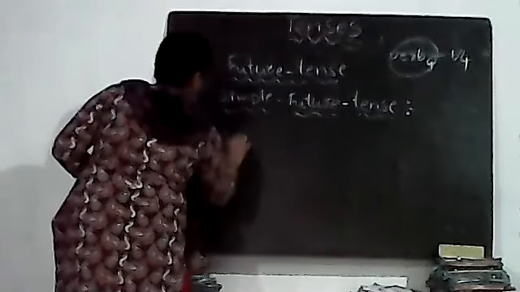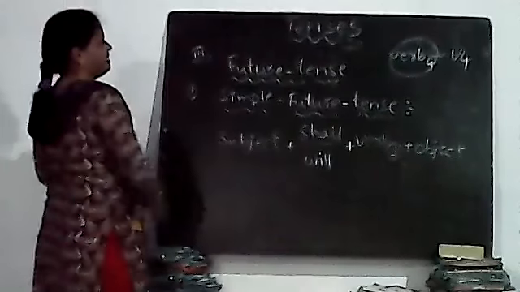So what is that one? The simple future tense structure is the same as before: subject, and shall as the helping verb only. This tense changes to shall or will plus verb one. So here we are only changing the helping verb and the verb form. Is the object place changing?